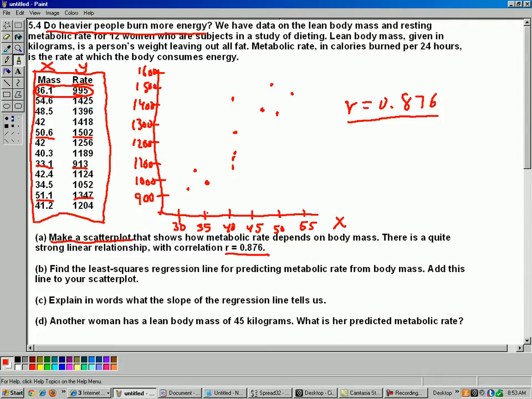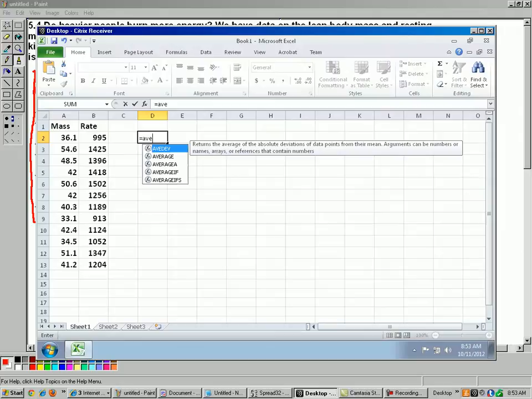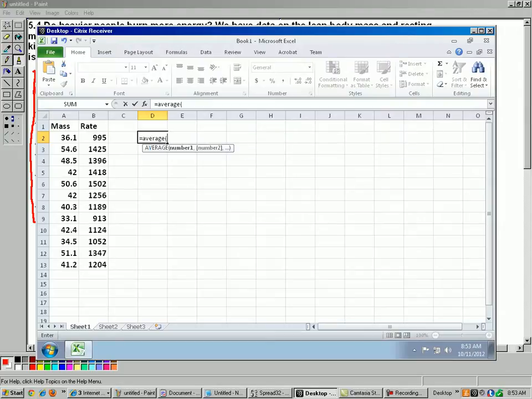So I went ahead and just downloaded these to an Excel sheet right here. Let's go ahead and I'll just use the standard deviation and the average commands here. I'll just type equal average of A2 to A13. Okay, so there's the mean of the mass.